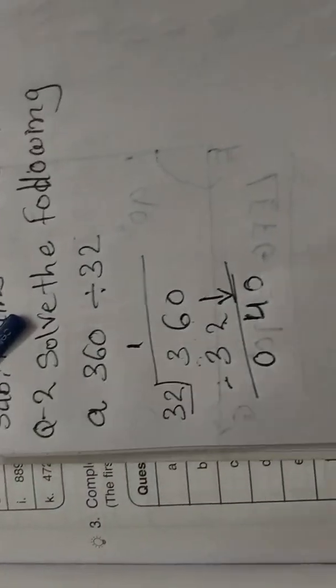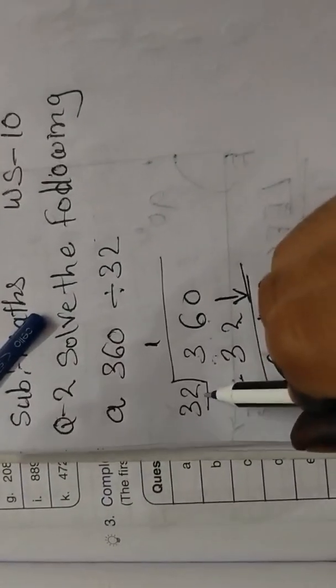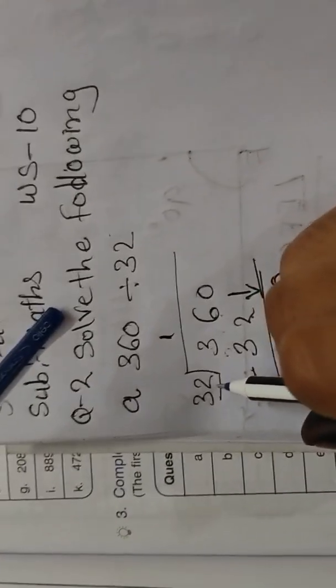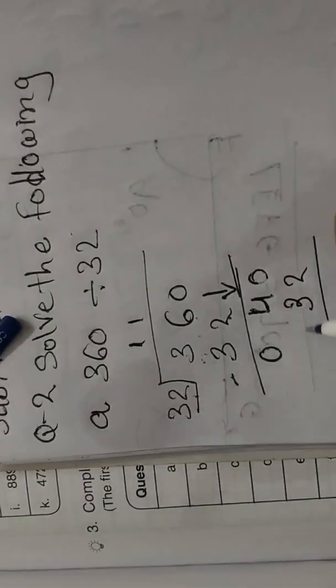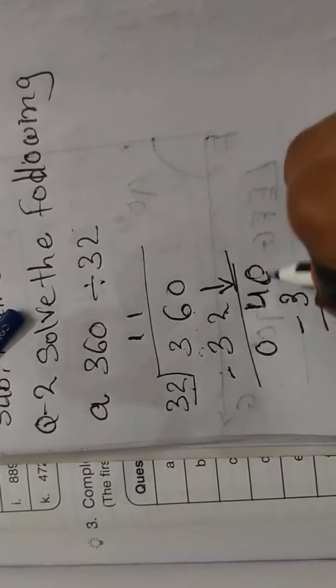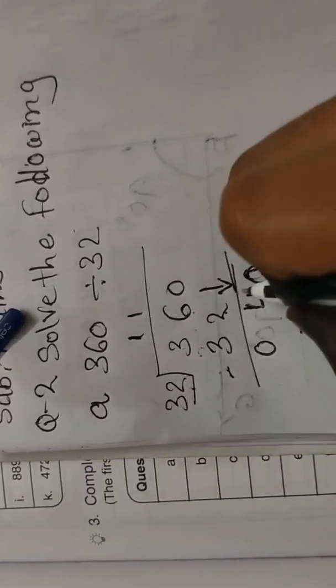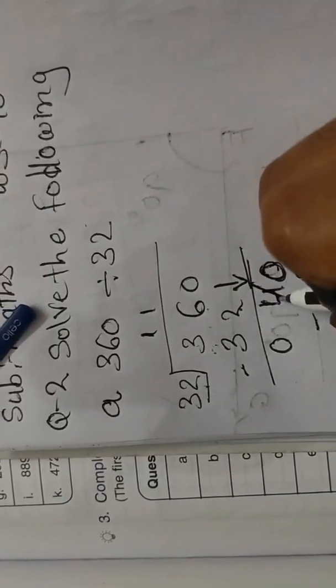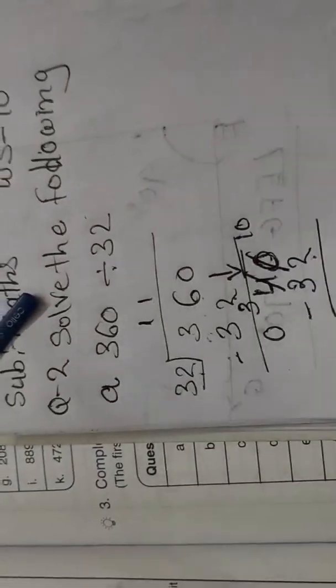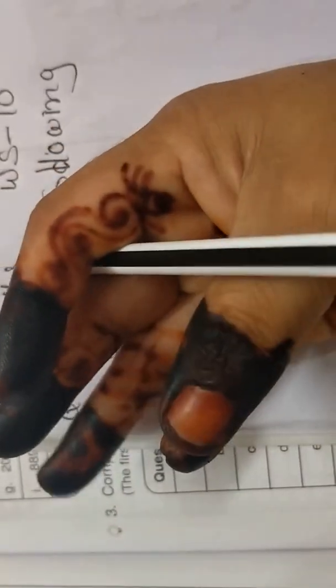So our next division number is 40. 32 ones are 32. 32 twos are 64. So 32 ones are 32. Now students, 0 minus 2 is not possible. So we have to cut 4, write here 3, cut 0, write here 10. 10 minus 2. 10 on your finger: 1, 2, 3, 4, 5, 6, 7, 8, 9, 10.